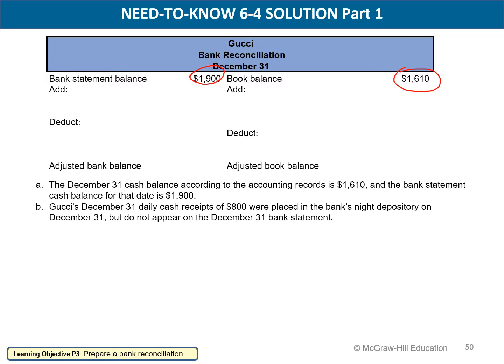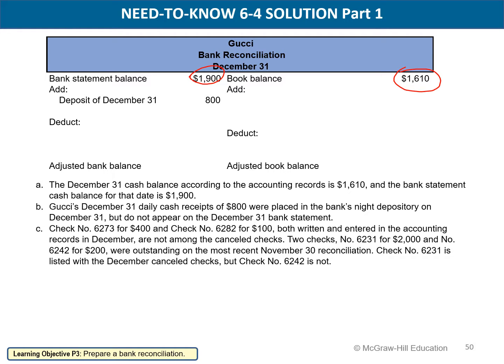So that's going to be a deposit in transit on the bank side, right? $800. And C, check number 6273 for $400 and check 6282 for $100 were both written and entered on the accounting record side, but are not among canceled checks. So they were outstanding on the November 30th reconciliation. Oh wait, those are two different checks.